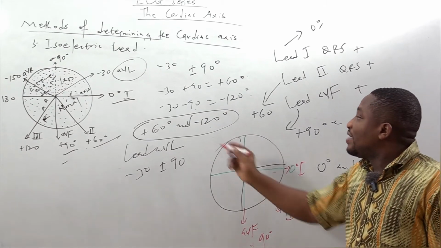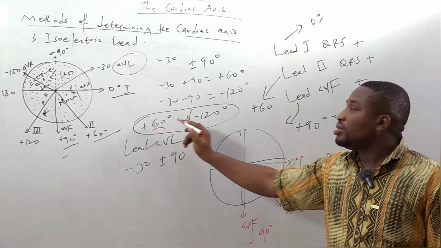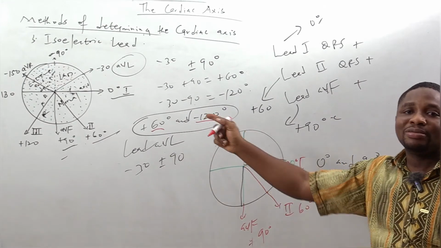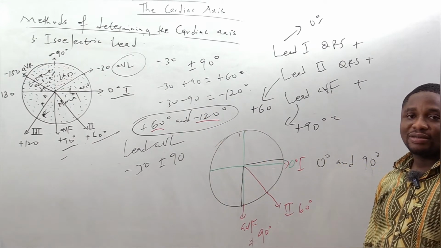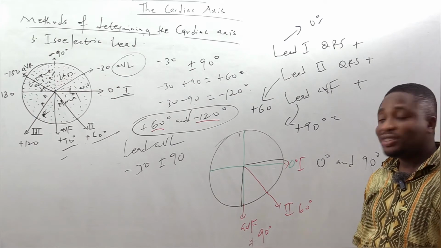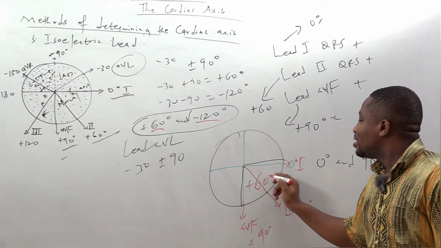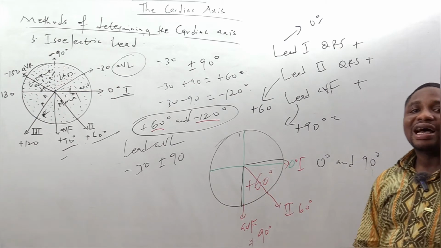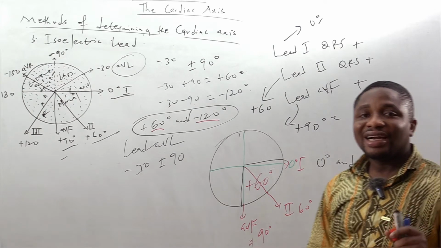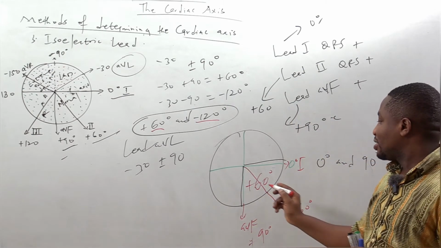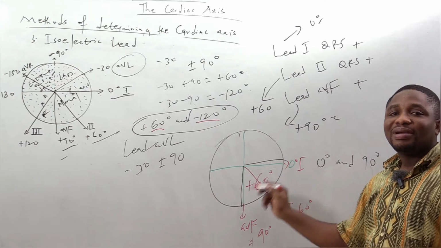Then ask yourself, of the values that we got, plus 60 degrees and minus 120 degrees, which of them will fall within this range? Definitely it's going to be plus 60 degrees. Meaning that our cardiac axis is falling at an angle of plus 60 degrees.